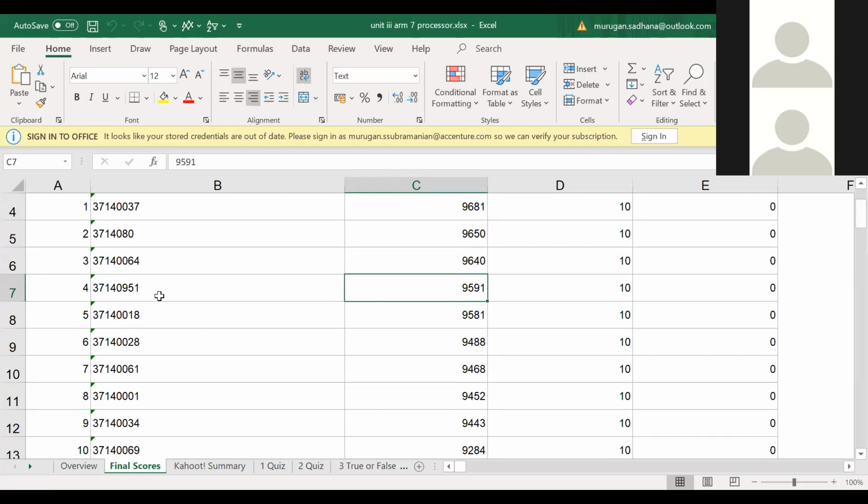951, Izad. Good, Izad. 18, who is 18? Register number 18, Chandralekha. Good. 28, Divagar. Wow, superb. And 61, Pandyarajan.